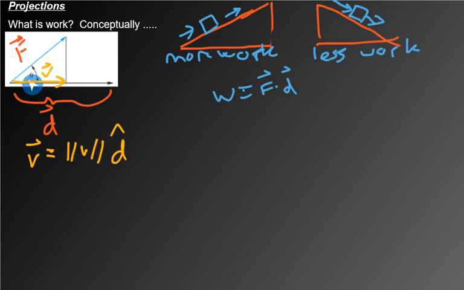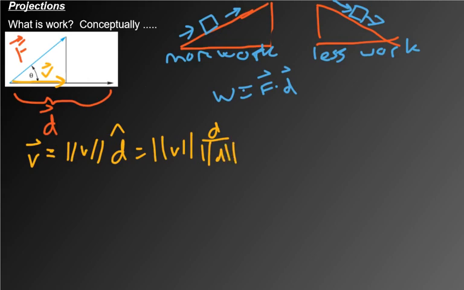Whatever the unit vector is, if you scale it by the size of v, you would end right there. The unit vector in d, using the definition of a unit vector, is just the vector d over its magnitude.